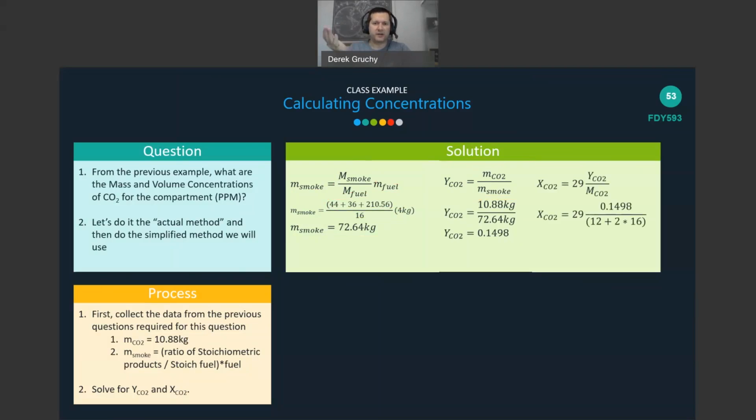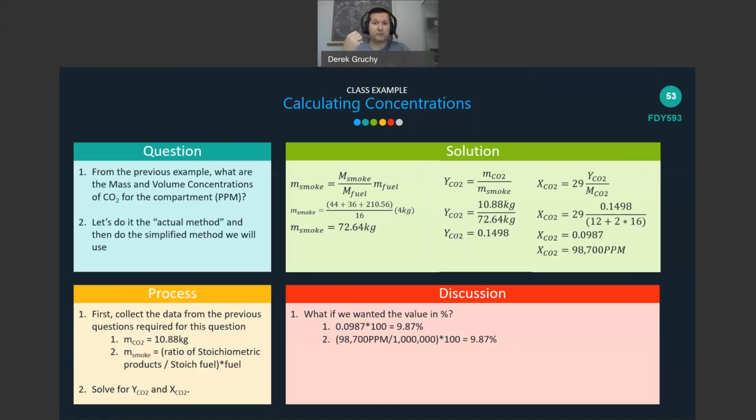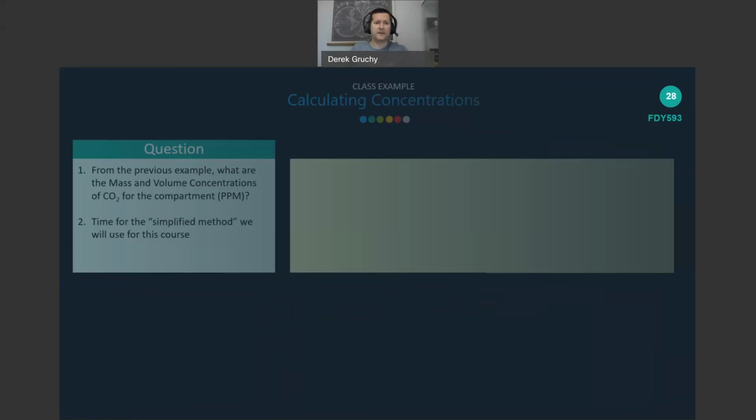And so we get times 29 divided by 44 in this case. And we end up with 0.0987. Okay, so this now is in parts per million, 98, almost 99,000 parts per million. And if we want it as a percentage, we would just multiply it by 100 and get that 9.87. So we're just under 10% of the room is carbon dioxide after this fire has happened.